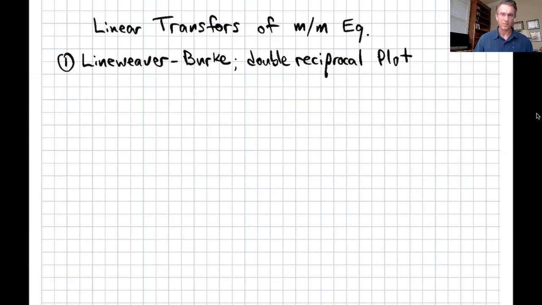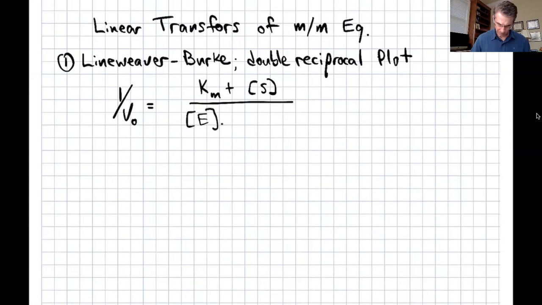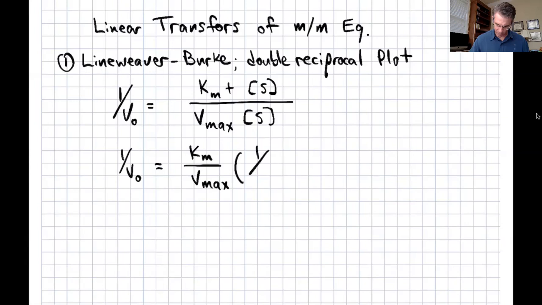So if you take the Michaelis-Menten equation and just invert it, 1 over V naught equals Km plus concentration of S, divided by, let's make it simpler, V max times the concentration of S. You split that up a little bit, and 1 over V naught equals Km over V max, times 1 over concentration of S, plus 1 over V max.